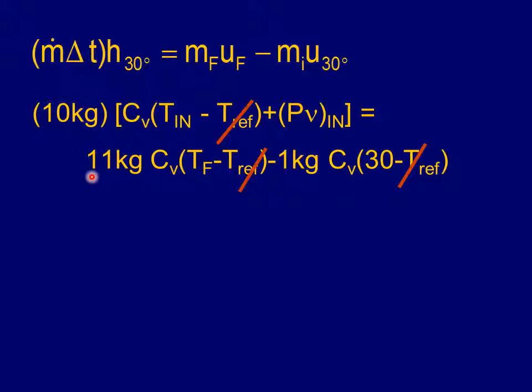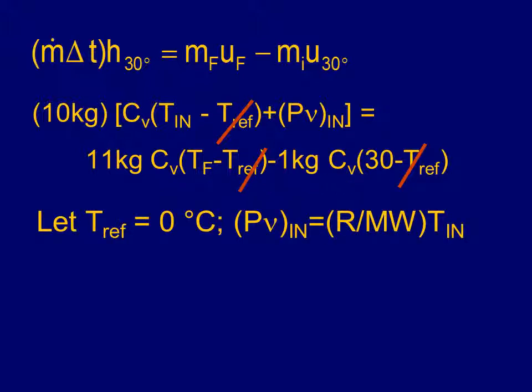So 11 kilograms times Cv T final minus m initial u initial, which is 1 kilogram times Cv T initial. If we let T reference equal 0 degrees C, and we let PV equal R over molecular weight times Tn, again that's from the ideal gas equation, this result here.